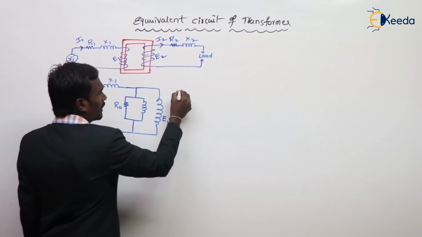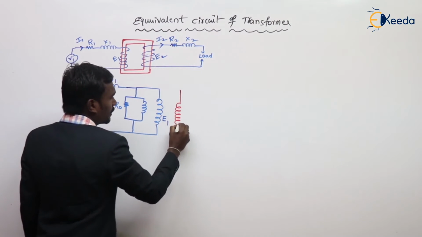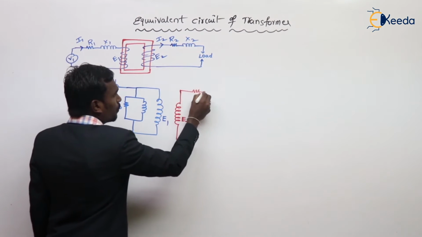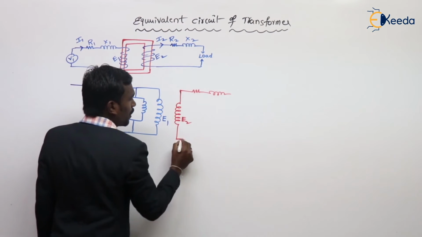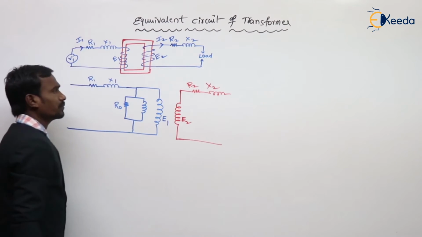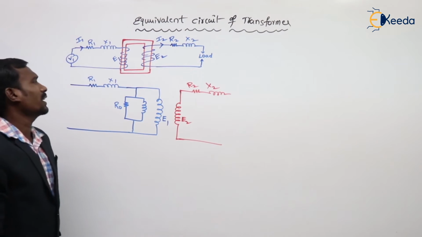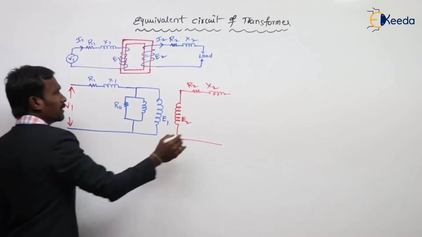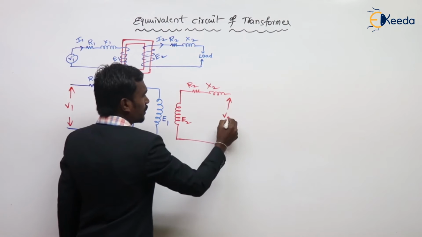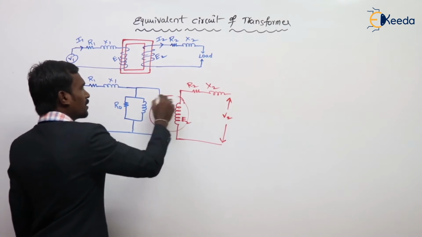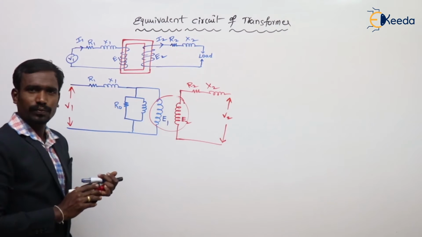And next on the secondary, this is the secondary induced EMF E2, and of course R2 and X2. This is actually the transformer circuit. Here the supply voltage V1 and here the load voltage V2.